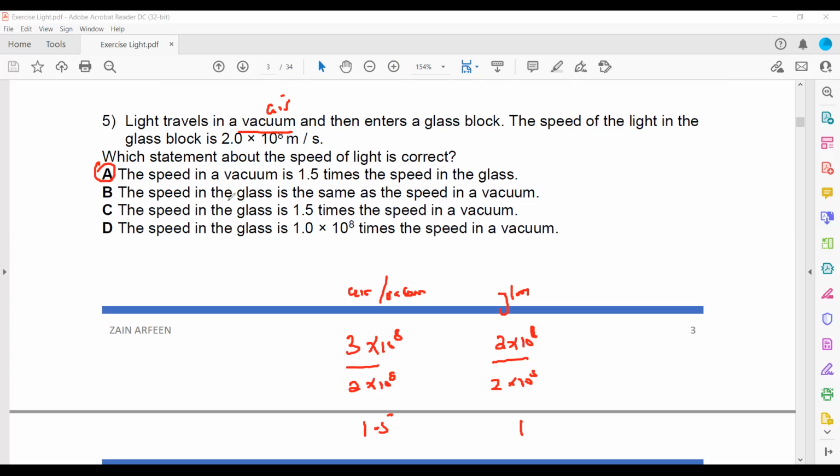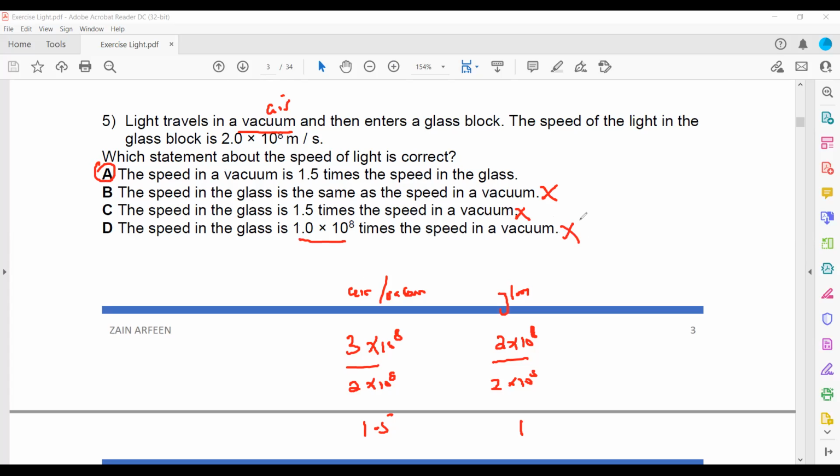Why not B? Because in B they mentioned the speed in the glass is the same as speed in vacuum, so that is wrong. Why not C? Speed in the glass is 1.5 times, it means the speed in a glass is more, but that is wrong. When the light travels from air to glass, speed decreases. Then speed of the light is 1 × 10^8 times, so that is also wrong.